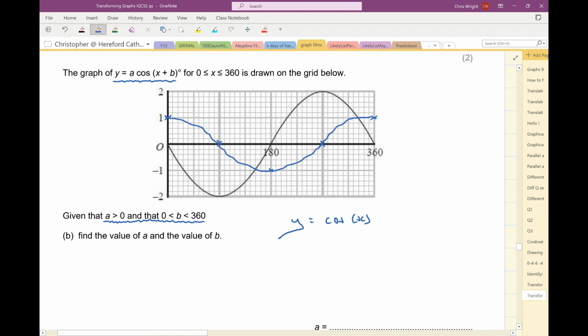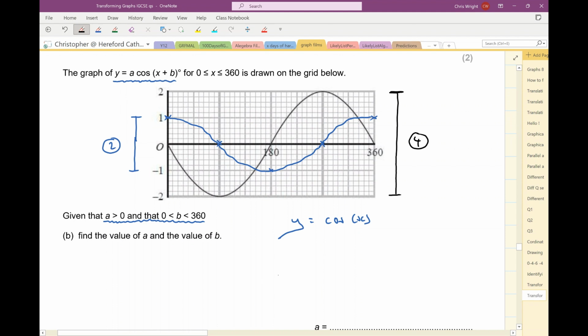Now, let's first of all deal with the range of these curves. My original curve, the blue curve, has a range from -1 to 1. It has a range of 2, doesn't it? Whereas my new curve, the black curve, ranges between -2 and 2, so it has a range of 4.